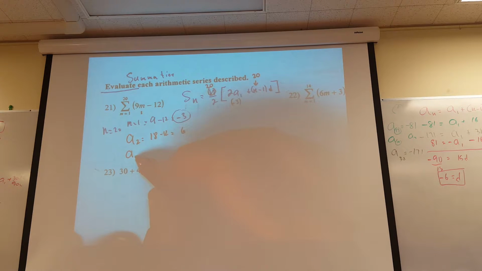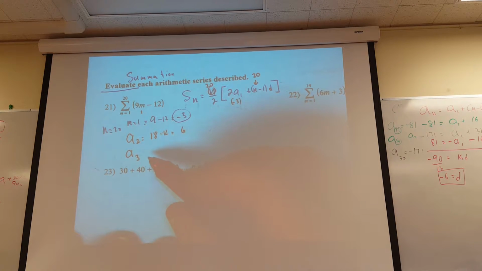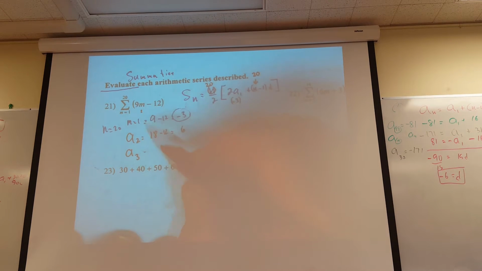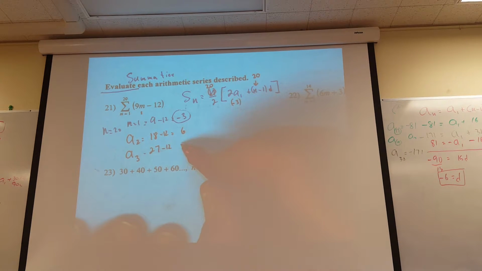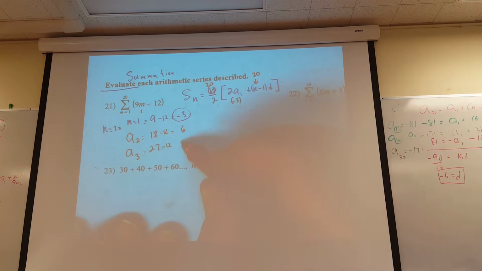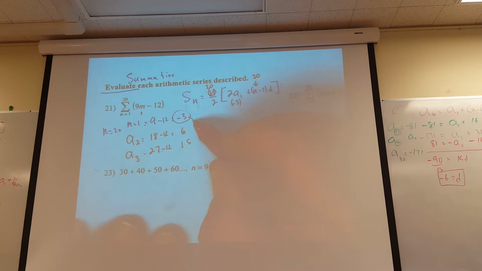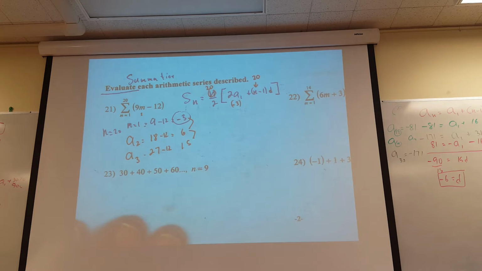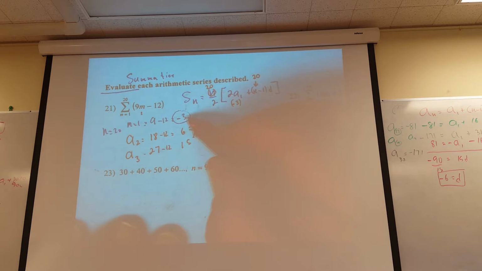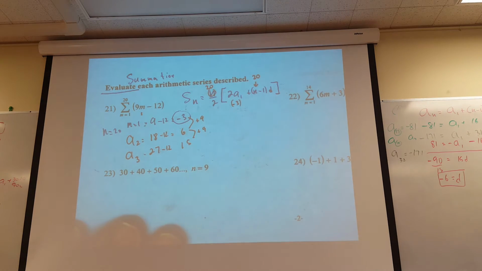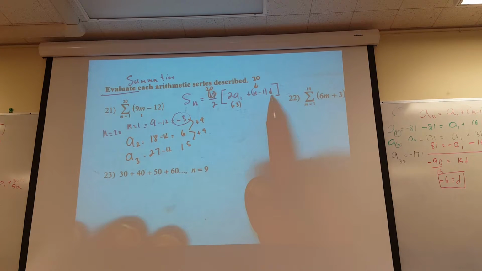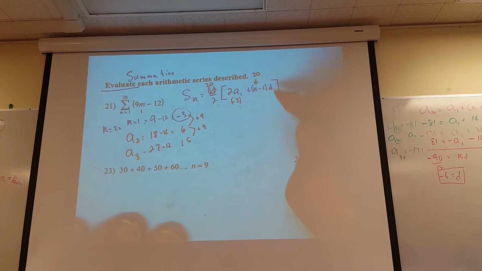Just to make sure, if I put the third term in, 9 times 3, that's going to be 27 minus 12, and that's going to be 15. What's the difference between these? It's 9, isn't it? What's the common difference there? 9.